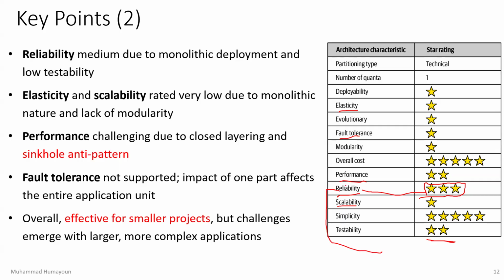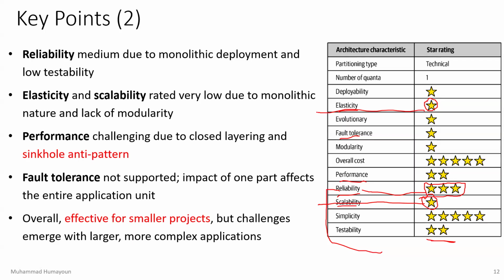Okay. Elasticity and scalability. Here is elasticity and scalability is here. Why are these two low? Because of the nature of monolith architecture. So it would not be easy to scale it, and it will not be able to withstand a burst of requests.